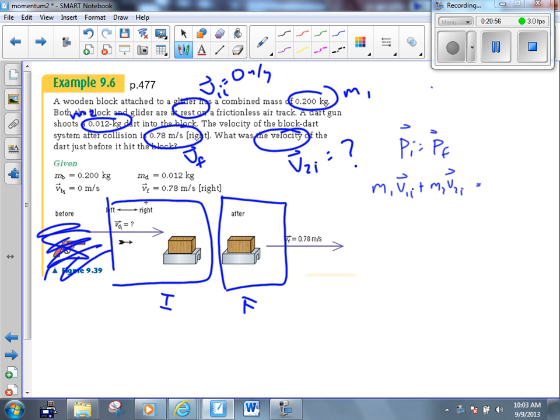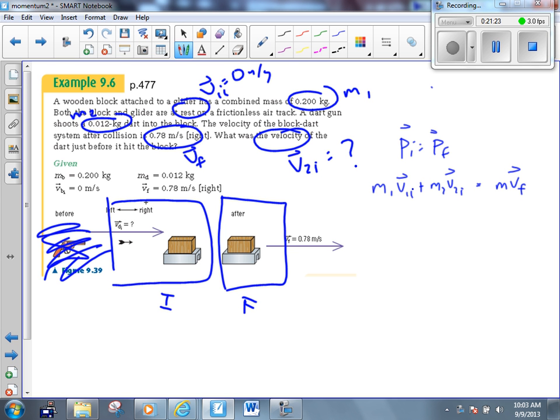After the collision, how many objects do we have? One. The dart has embedded itself in the block, and they have become one. We're going to call that just mvf. There's no point in putting subscripts in there because it's one object.